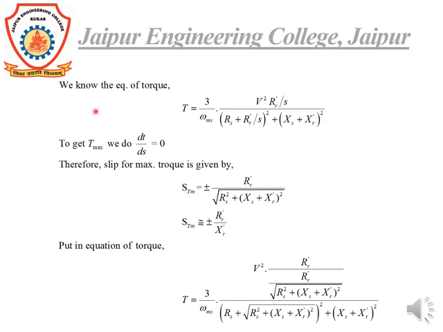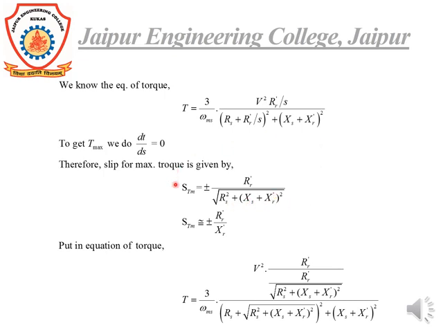To get the maximum torque, we will differentiate it with respect to s and equate it to 0. So we get the slip for maximum torque, Stm, equals plus minus Rr dash, and in the denominator under root of Rs square plus Xs plus Xr dash whole square.